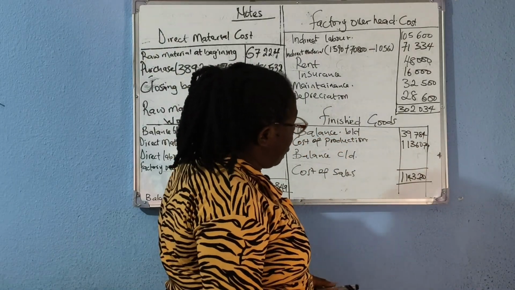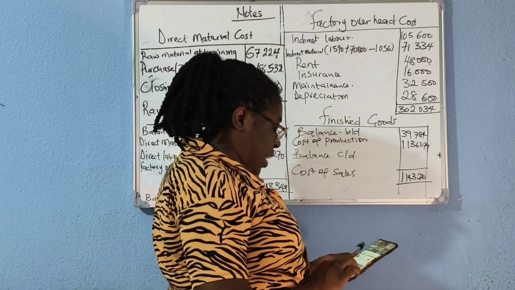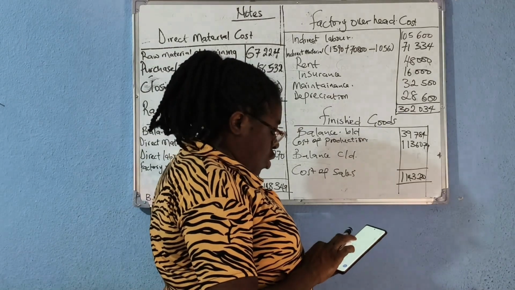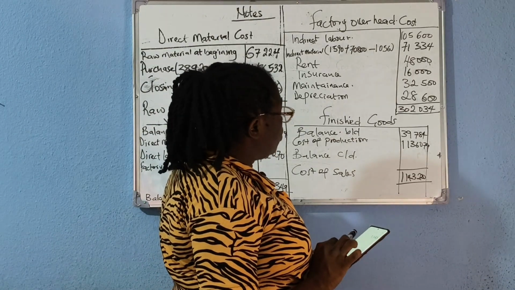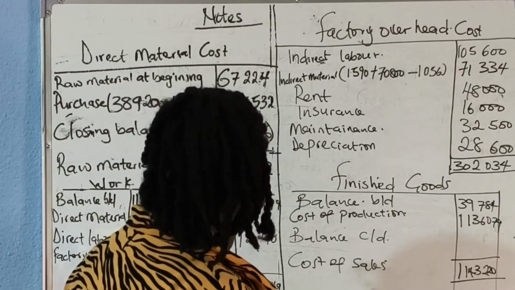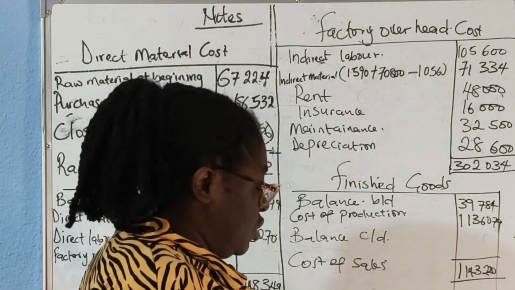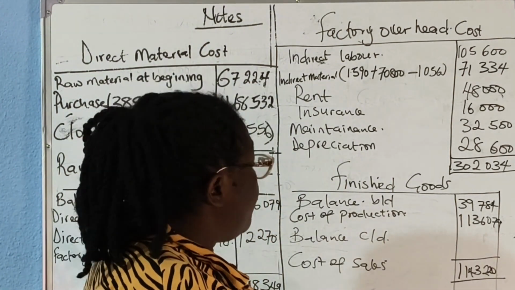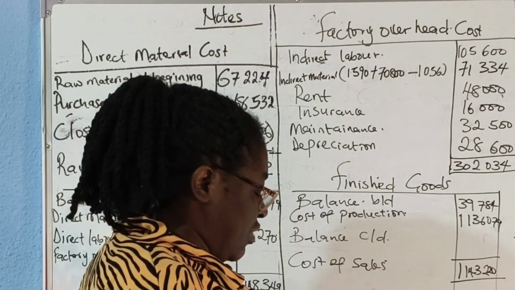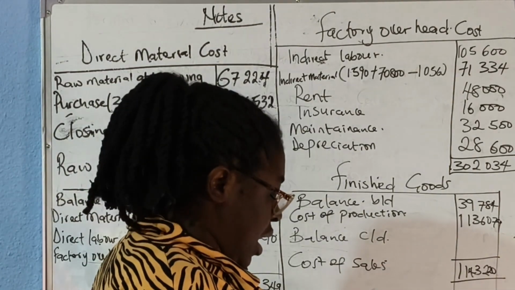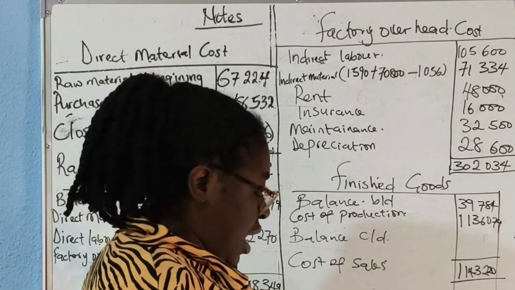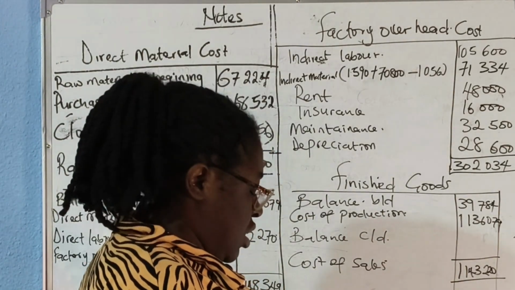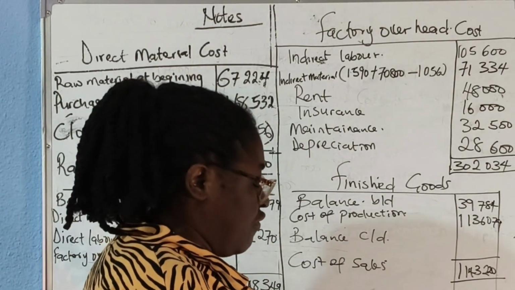So we're going to work from down up. Our balance carried down will be 1,143,220 minus 1,136,079 and minus 39,784.